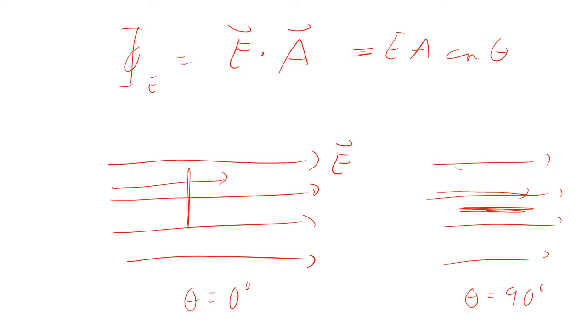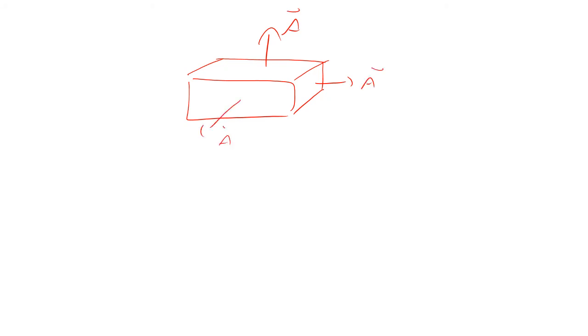So that means that the A vector has to be perpendicular to the area. And in fact, that's how we define it. The area vector is perpendicular to the area. So if I imagine that I have a shoebox, then what's the A vector? Well, the A vector points away from each surface. So the area vector points away from the surface.